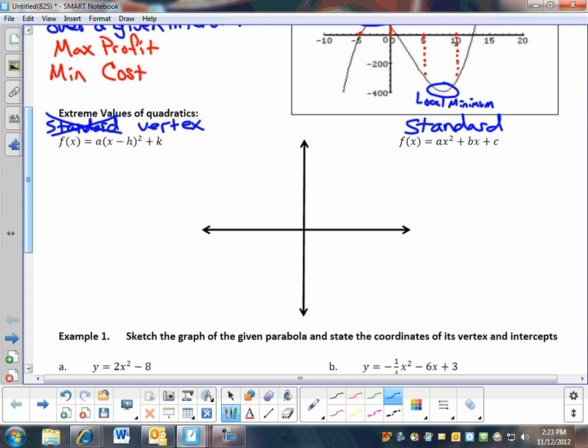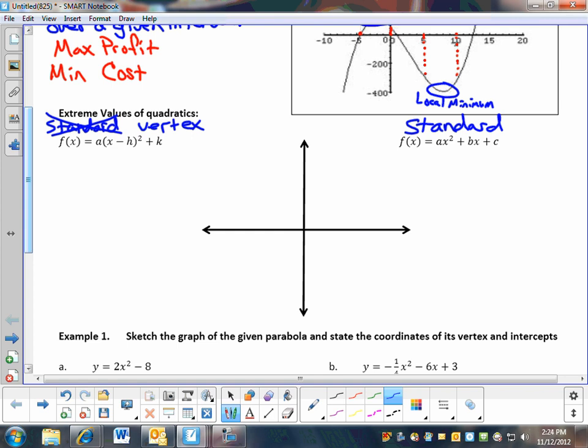I did that because everybody made that mistake last year, even though I told them 15 times. If your book says standard form for something, it's referring to this. I call it vertex. Okay? And I don't think that your book even gives a name for this type of form. But generally, this is referred to as standard form by most books.